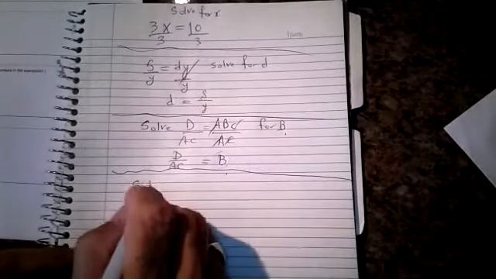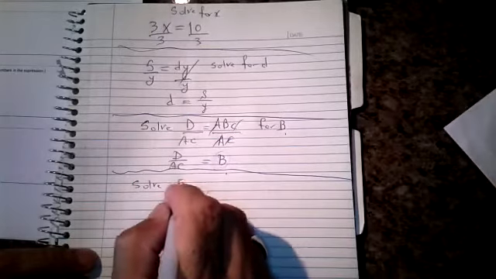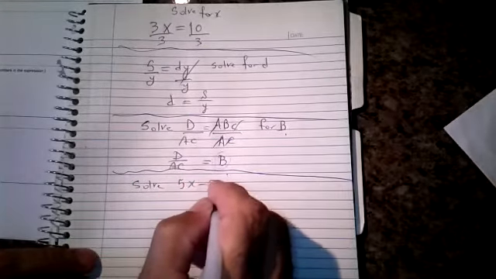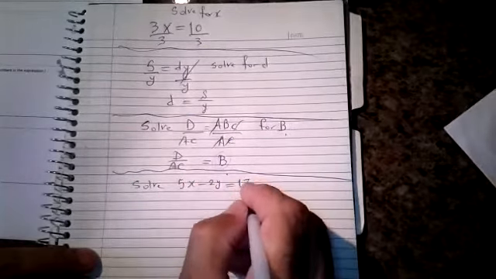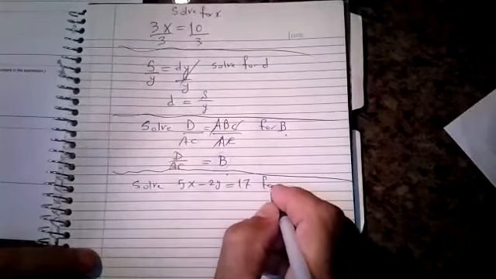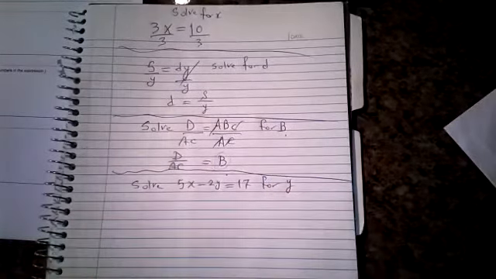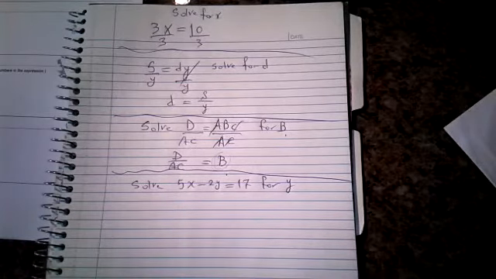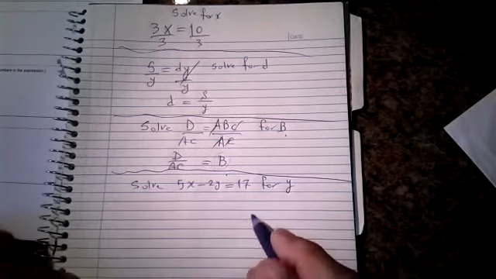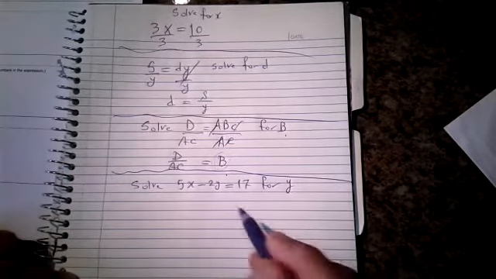Solve this equation, 5x minus 2y equals 17, for the letter y. Think that you don't have other letters, you just have y.